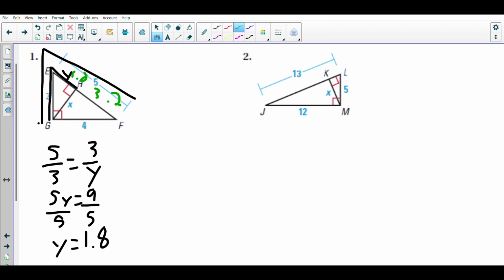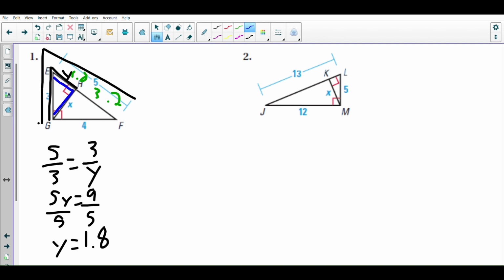So now I can use either the geometric mean or the Pythagorean theorem. Either one would work here and we'll get the same answer. I'm going to use the Pythagorean theorem, but then I'm going to show you that the geometric mean one would also work. Okay, so I'm going to do parts here.